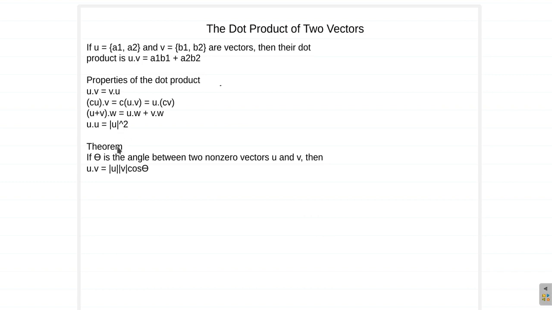Now, theorem. This is a theorem of the dot product, and it involves an angle.